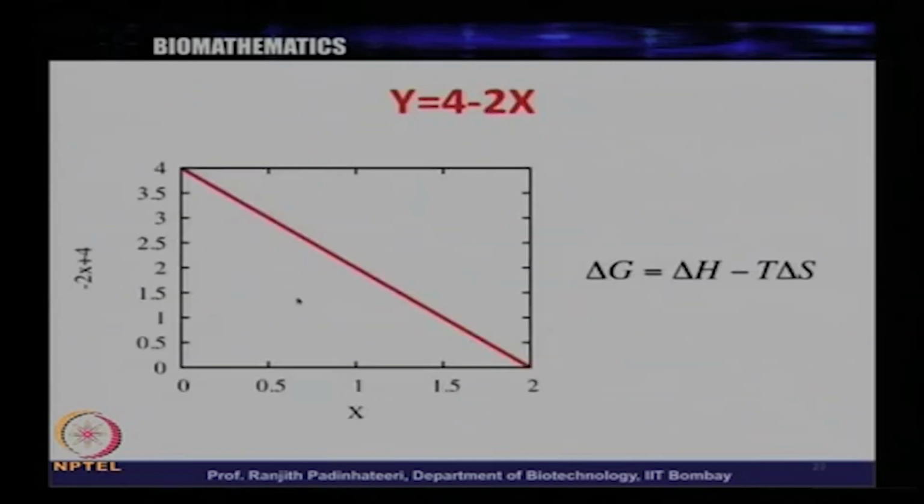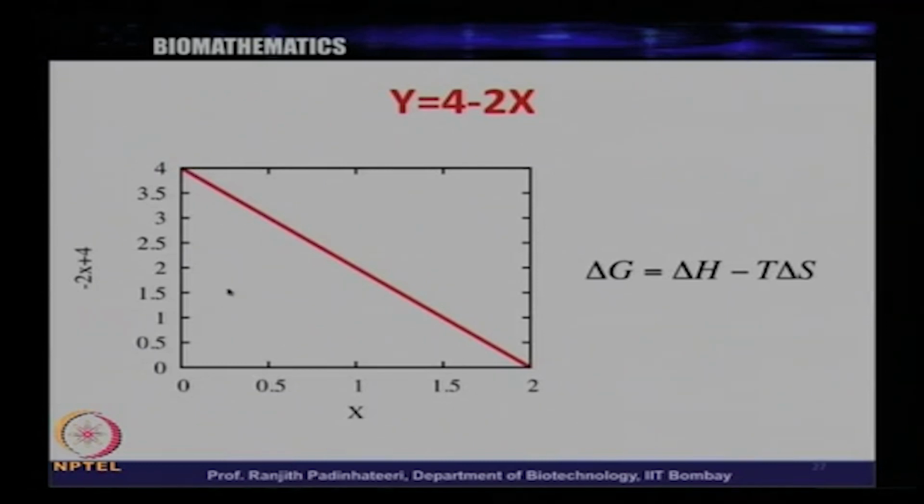Let us look at another example, y equal to 4 minus 2x. This example looks like delta H minus T delta S. We have some value for delta H, which is 4, and minus 2x is like minus T delta S. If you plot this, again, it's a function which decreases.